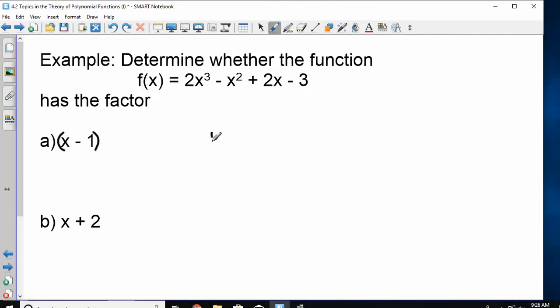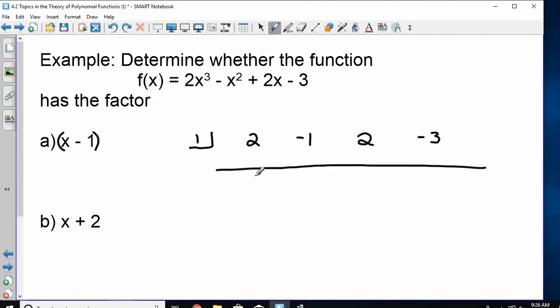When you do the synthetic division, you have a 2x cubed, negative 1x squared, a positive 2x, and a negative 3. The number that goes out here in the box is a 0. If I have x minus 1, what goes in my box? 1. Okay, so I'm going to do this synthetic.